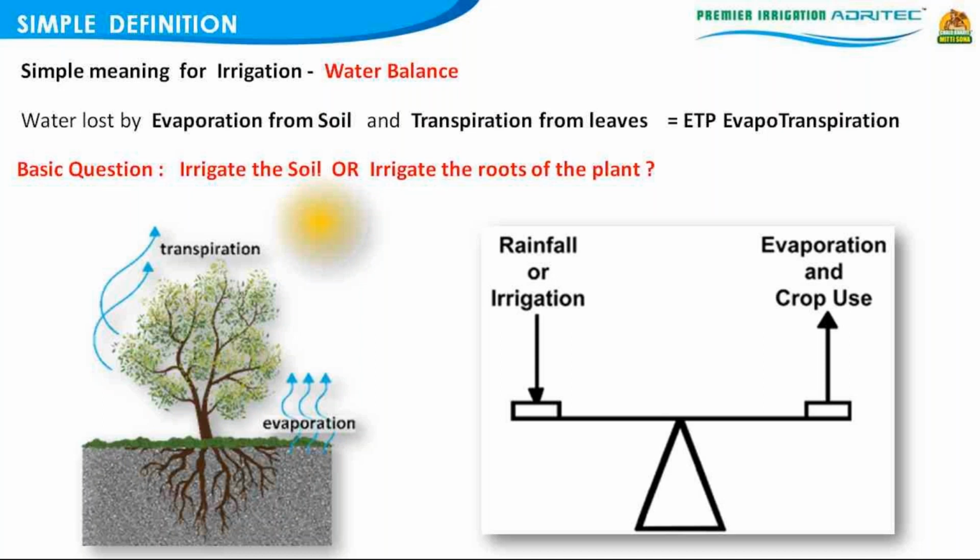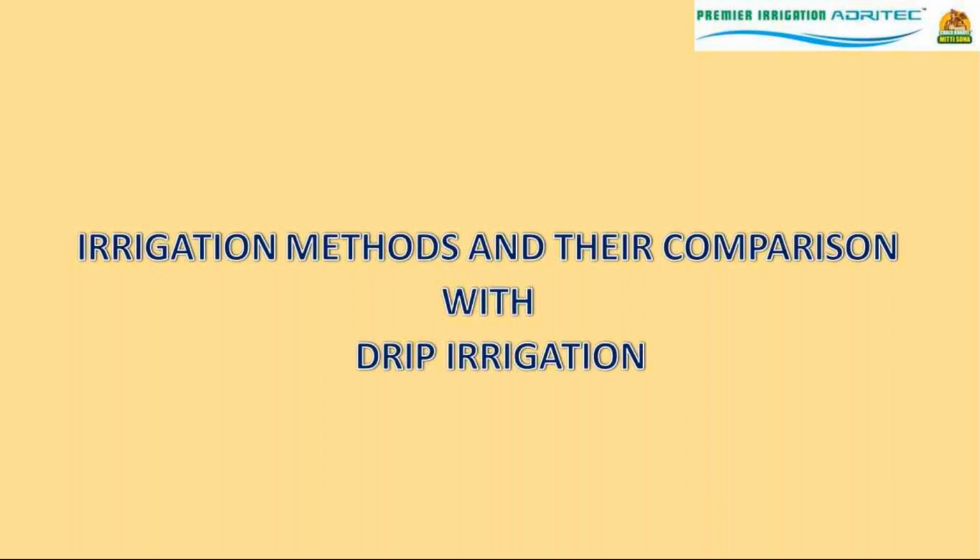So basically in irrigation, whatever water is going out has to be given back to the plant. The plant cannot talk, so we have other indirect methods of finding out how much water is actually required by the plant.